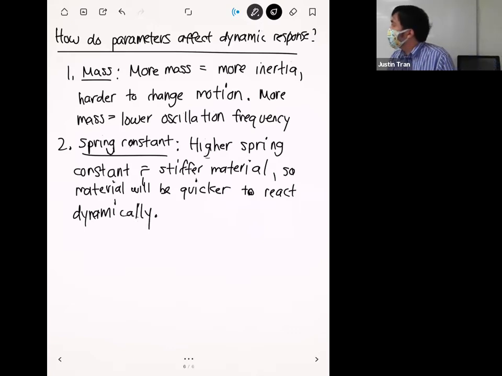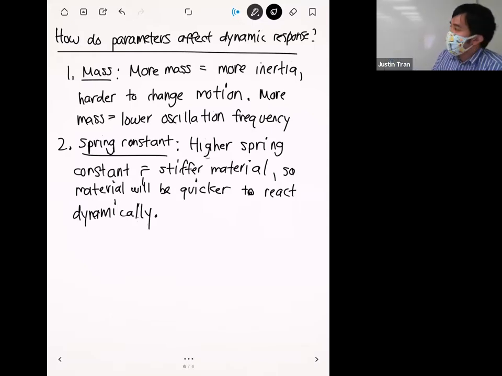Okay. And so mathematically, in terms of our oscillating solution, a higher spring constant means it's going to increase the frequency of oscillations.